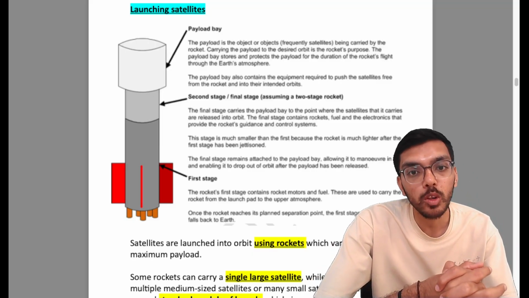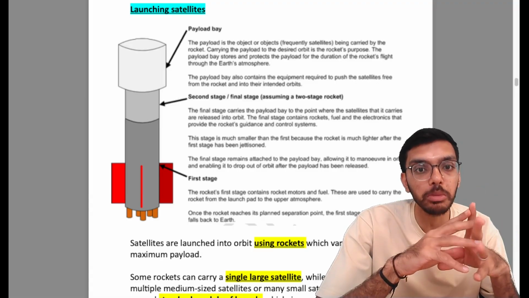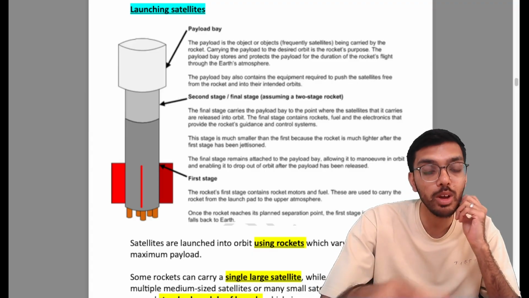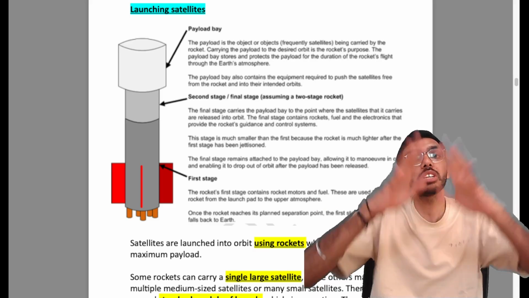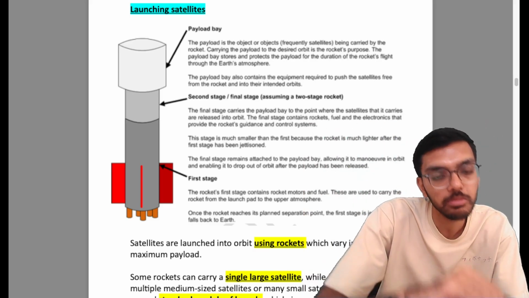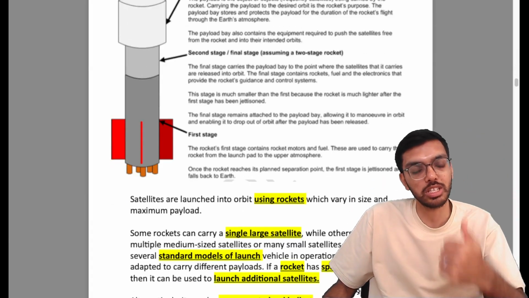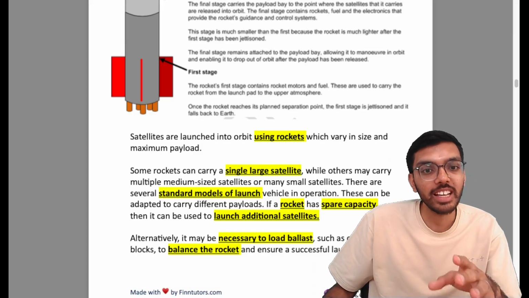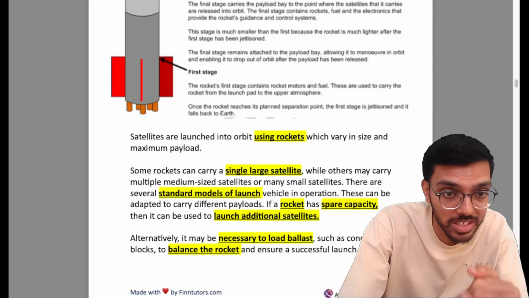The payload bay also contains the equipment required to push the satellites free from the rocket and into their intended orbit. So it also has equipment which, after first stage, second stage are gone, pushes the satellite into their orbit. So whenever you are thinking about launching a satellite, imagine a rocket, first stage, second stage, and then the payload bay. So satellites, everything that I explained to you is there in this when you picture this diagram.